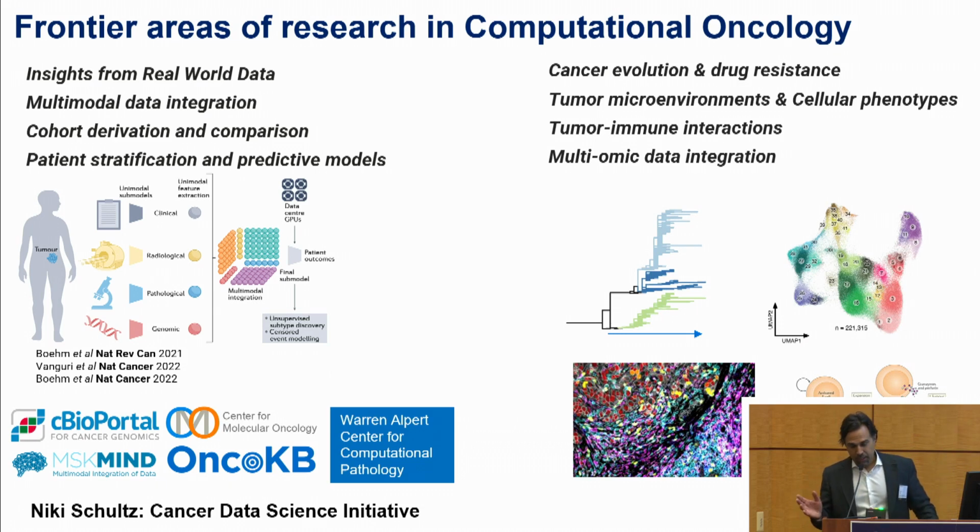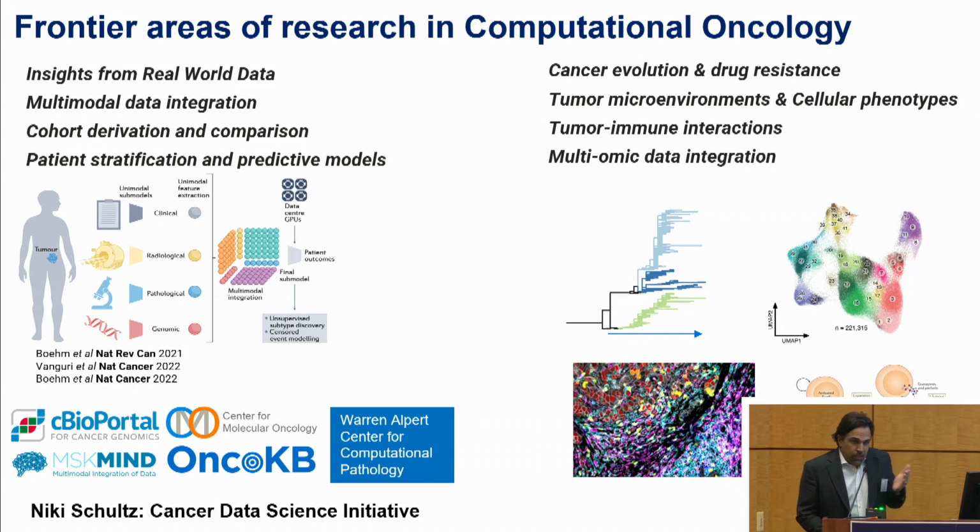On the right-hand side now are just incredible developments in experimental data from which we can apply new technologies to understand key principles in cancer biology, cancer evolution and drug resistance. We know that a tumor is not a static entity. It is a collection of divergent cellular populations that when selective pressure is applied will have different responses.